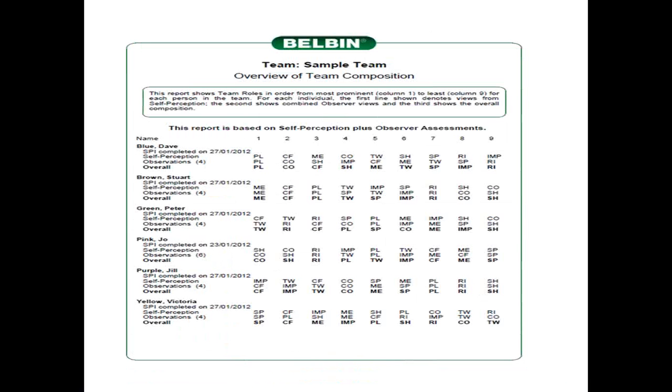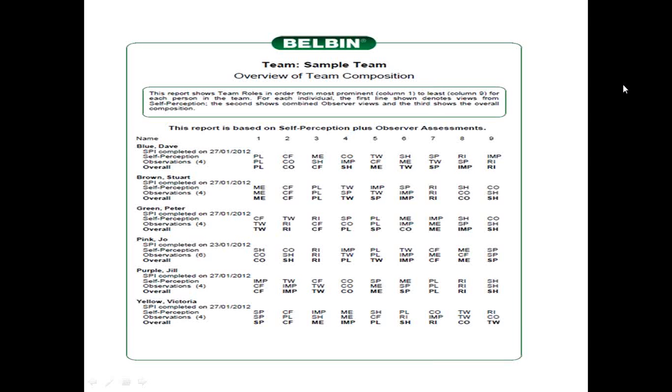All right, so this is an example of a team report, which is what you get when you actually put a team together with various different roles. And this is divided into 2, what is described as the self-perception plus the observer assessments. The self-perception, as its name suggests, is your view of yourself.